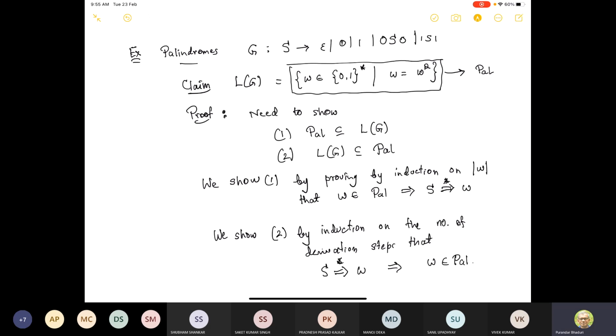Okay, so you got to show both these things. One is by induction on the length of W, and the other way is by induction on the number of derivation steps. Okay, so let's stop there.